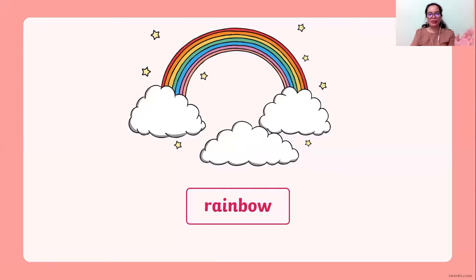So our descriptions or adjectives in describing a noun can be good or bad. For example, you can say an ugly monster. So ugly is an adjective and monster is our noun. So the description of the monster is ugly.